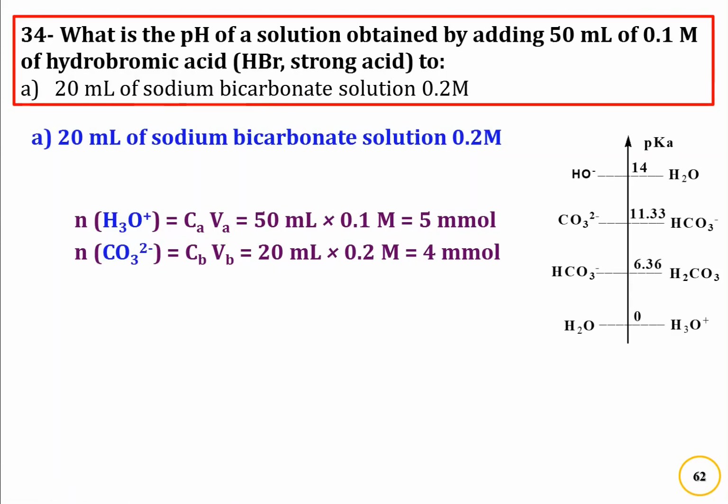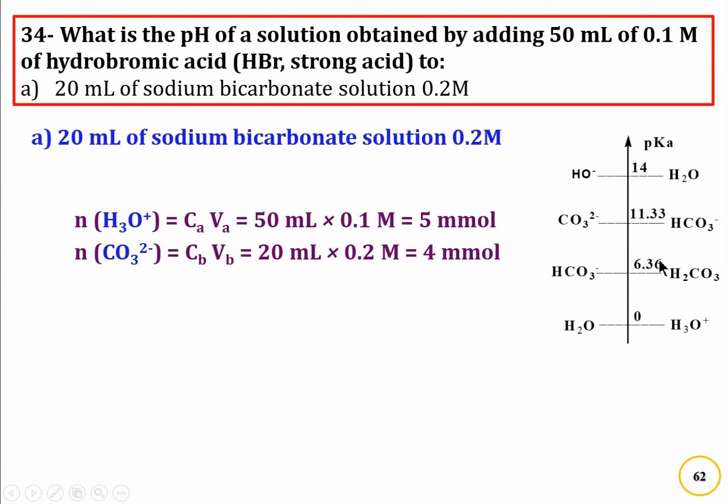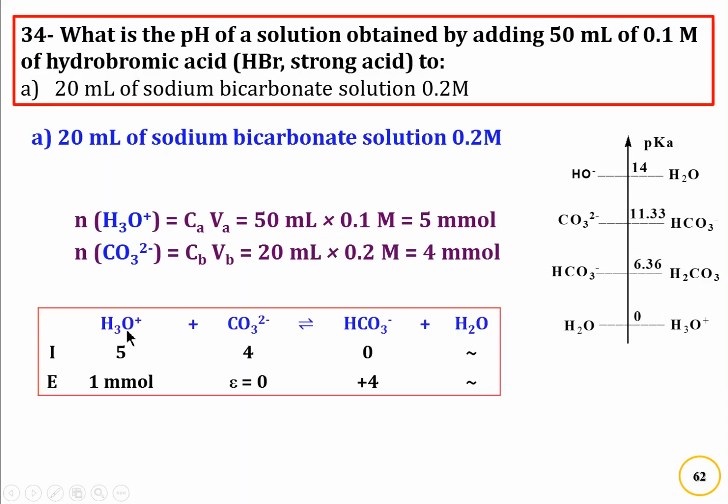On increasing order of pKa, we determine the species present. We have H3O+ and CO3 2-. So this reaction is complete in the direction of gamma, since delta pKa is greater than 4. So the reaction H3O+ plus CO3 2- gives HCO3 minus plus H2O.